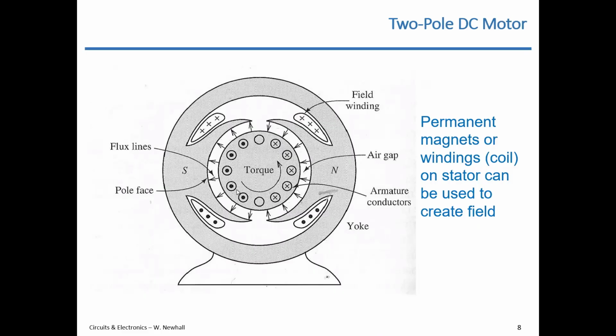And in this case, this motor is showing a magnetic field not created by permanent magnets, but by field windings. So you can use permanent magnets, but you can also use a coil of wire on the stator to create the magnetic field. So here in this case, look at the top, you'd have current going in at the top right here, and then out at the bottom right.